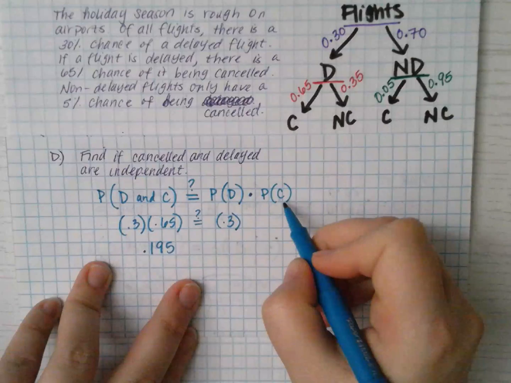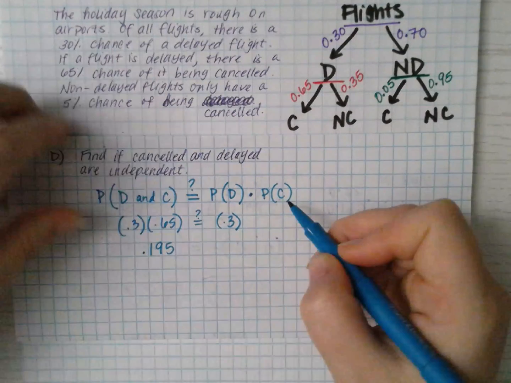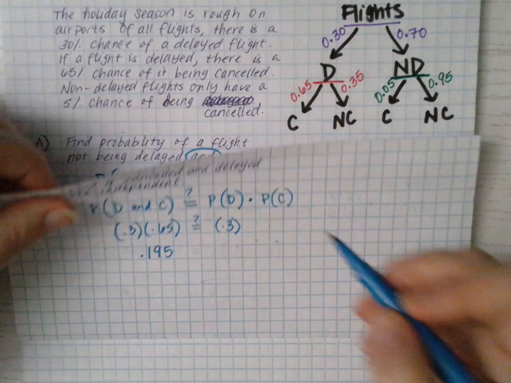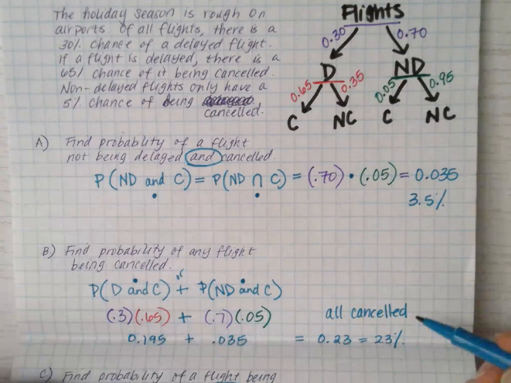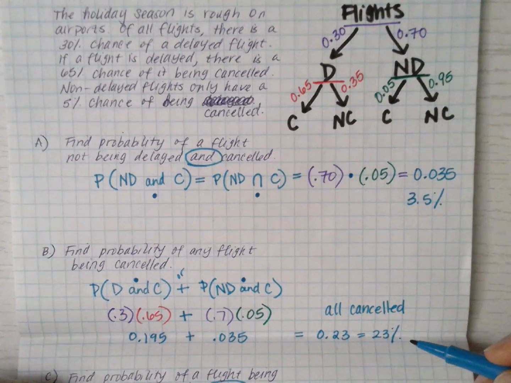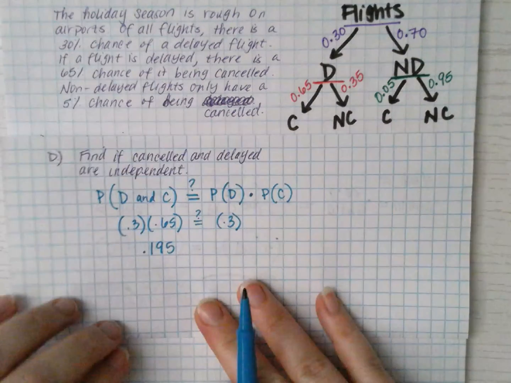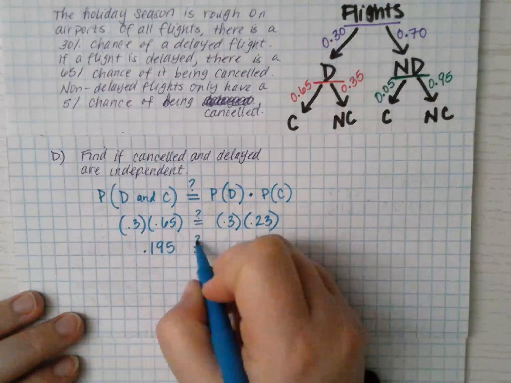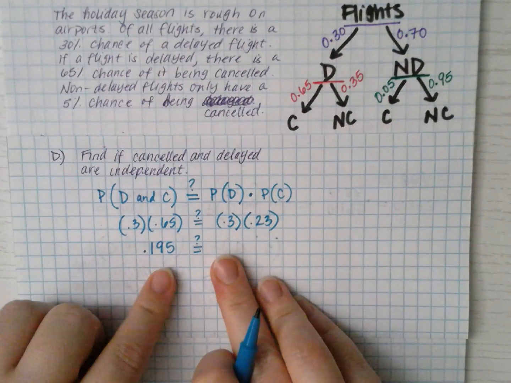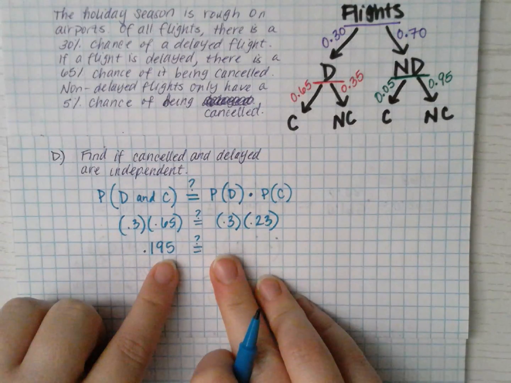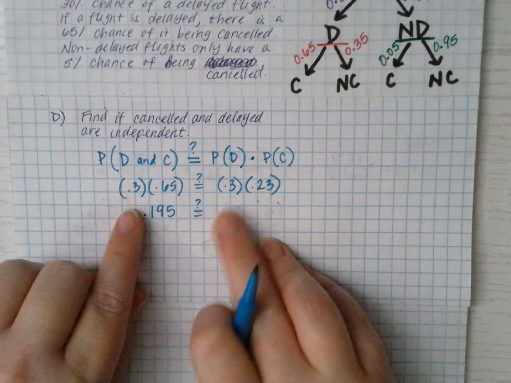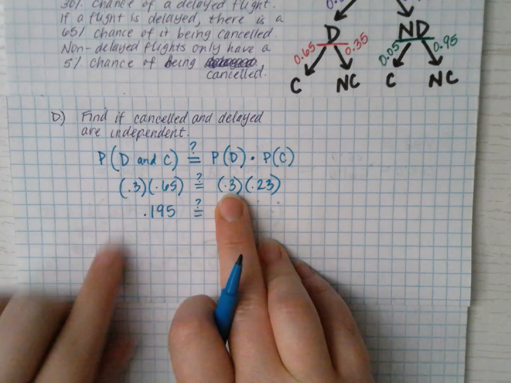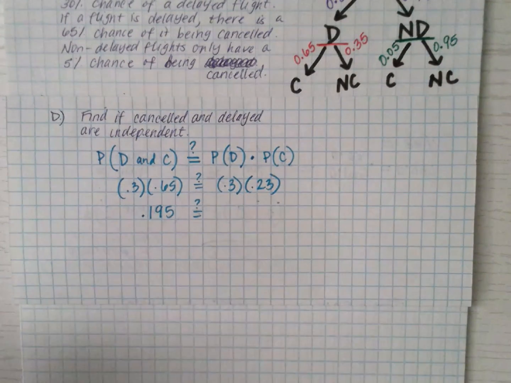Keeping that question mark here, any flight being delayed is a 0.3. Any flight being canceled is 0.23. So I'm going to write that number down, 0.23. Well, the question is, are those going to be close enough for me to feel comfortable claiming it to be independent? Well, I see both of them have a 0.3, but one has a 0.65 and one has a 0.23.